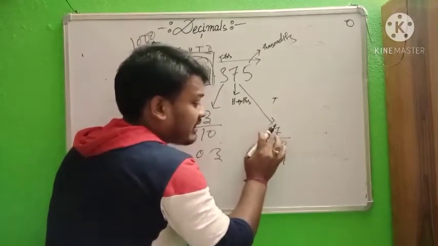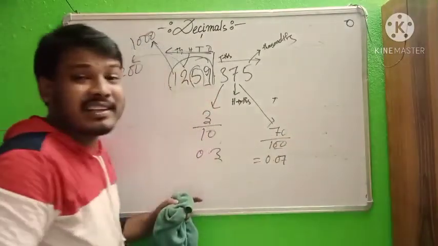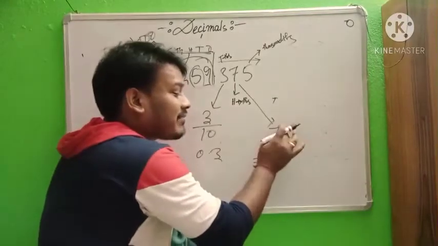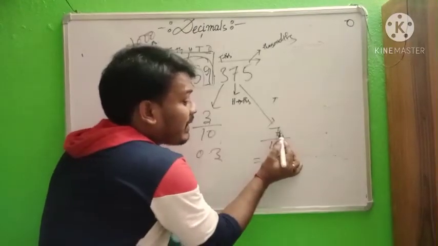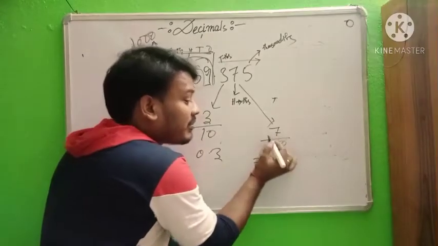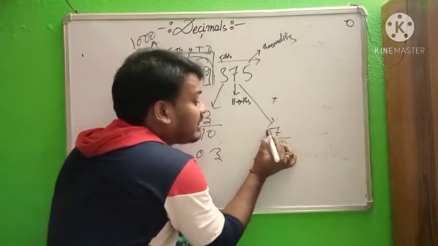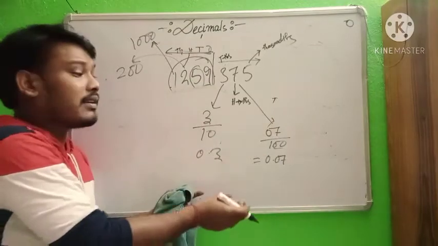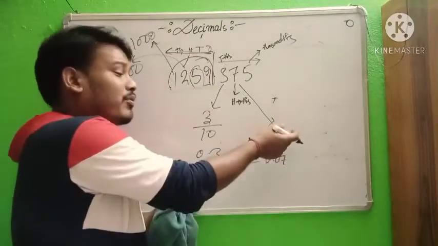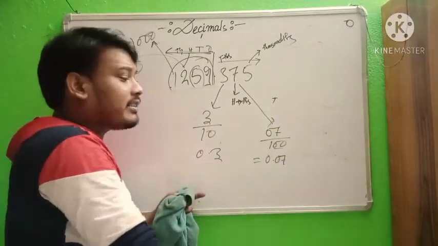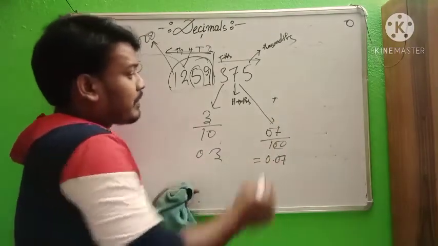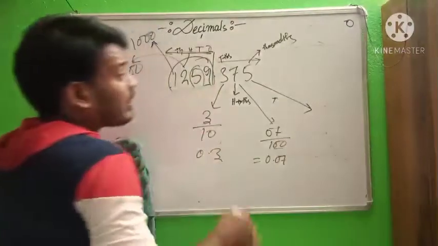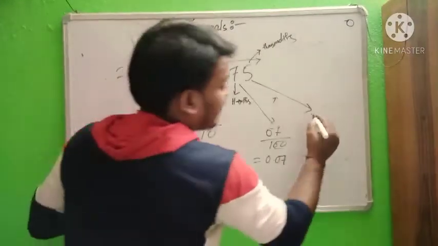Make it 2 digits, that means not 70, because if you write 70 then the value will change. So make it a 2 digit number by putting 0 before the digit. If we put 0 before the digit then the value will not change and it becomes a 2 digit number. So 0.07.